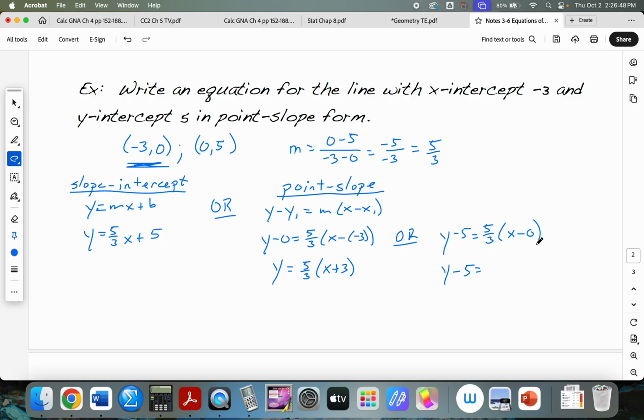What's x minus 0? X times 5/3 is 5/3 x. All of those are perfectly good, despite what most Algebra 1 textbooks will try and make you think. Those are all perfectly good equations. Okay? All right, let's switch it around and go the other way.